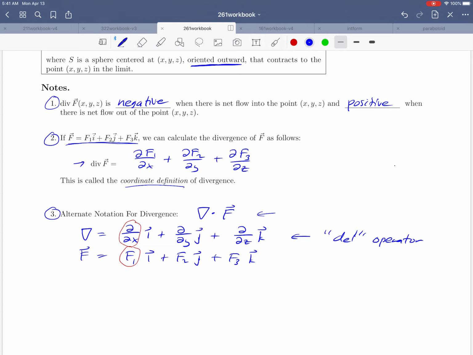Following the suggestion of this notation, del dot f, we take this component-wise and apply partial x to the first component, which gives us partial f1 partial x. Apply partial y to f2 and so on. Notice that that gives us exactly the same formula that we have up above. So del dot f is just a nice shorthand way of remembering what that formula says.